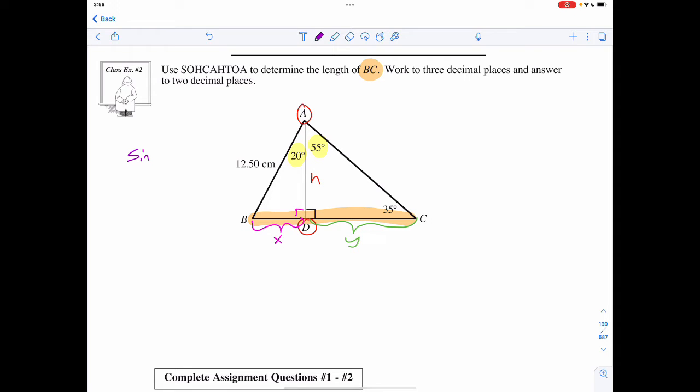And if sine of 20 degrees is equal to x over a hypotenuse of 12.5, then to get x by itself, x is going to equal 12.5 times sine of 20 degrees. Even though it wants my final answer as 2 decimal places, I'm going to go a little bit beyond that just to make sure I don't do a rounding error at the end. I'm going to call x 4.275 centimeters approximately.